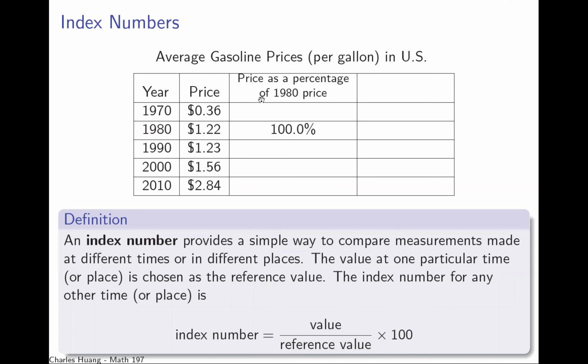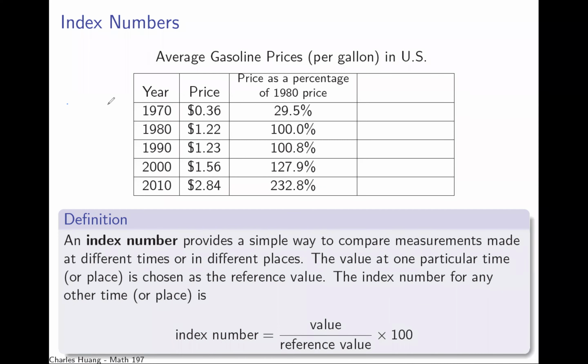You'll notice if we use the price 1.22 in 1980 as our reference number, then we can find the percentage with respect to the 1.22 in 1980. For example, the price of 0.36 is 29.5%.